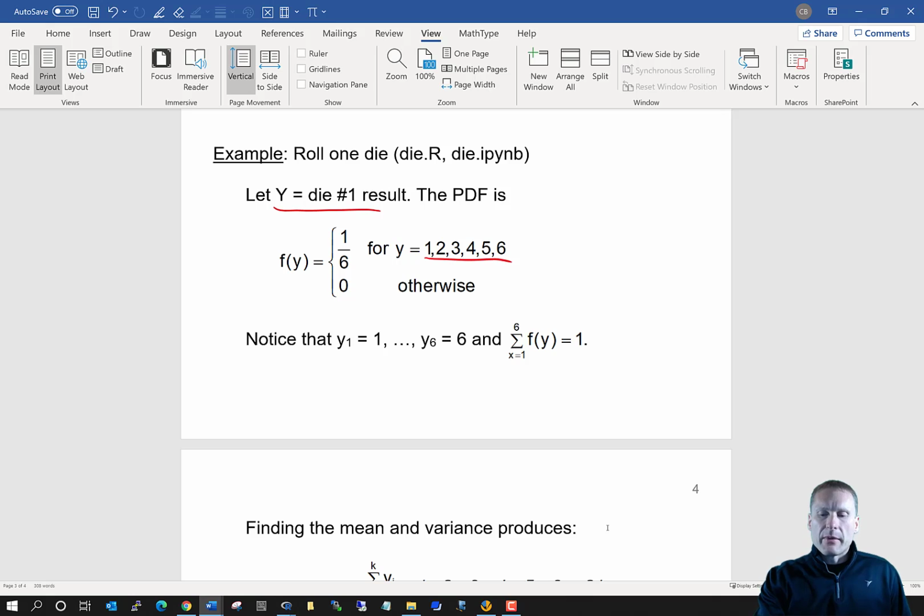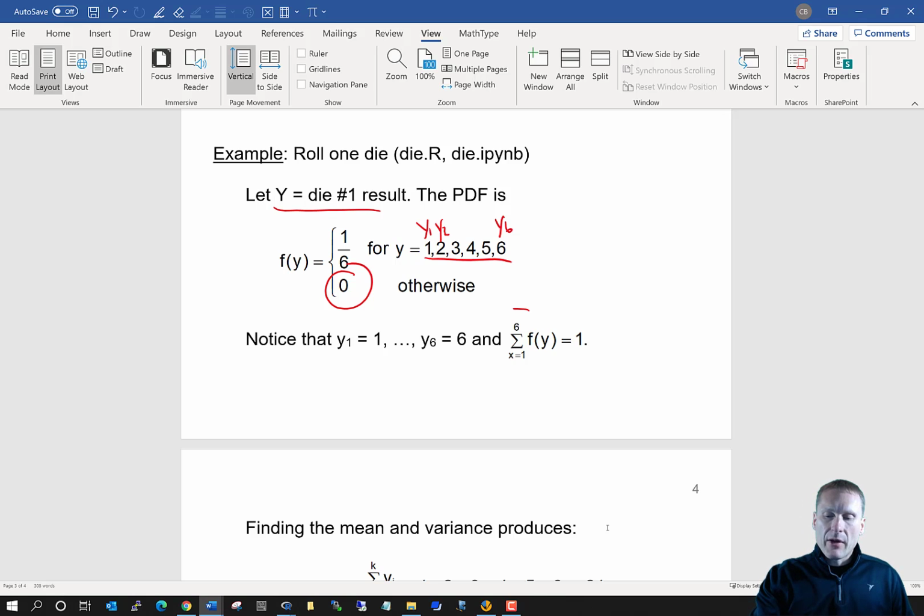This is going to be a six-sided die, so the possible values that y can take on are y1 is 1, y2 is 2, and so on, up to yk. In this case, k is going to be 6. Y sub 6 is equal to 6. Each has equal probability of 1 over 6 of actually being rolled. Any other possible value of y, of course, will be 0, because there are only those 6 different values on a regular six-sided die.